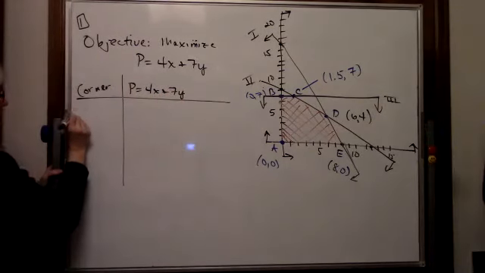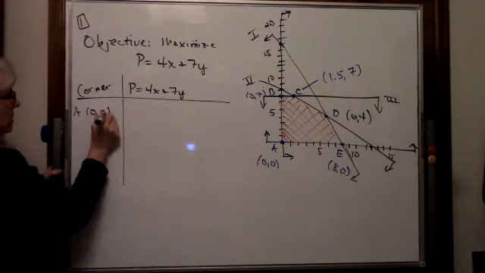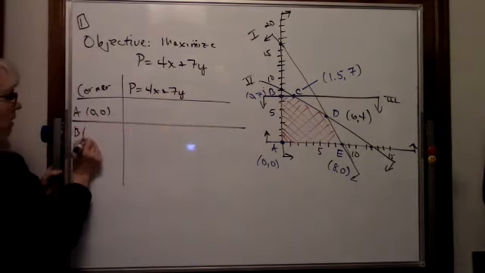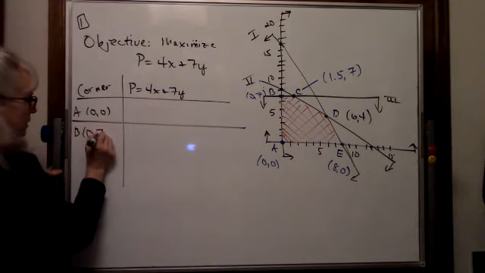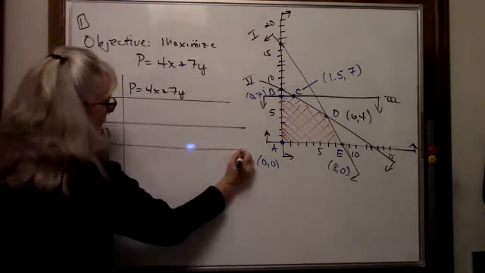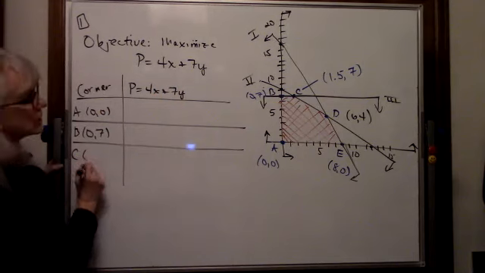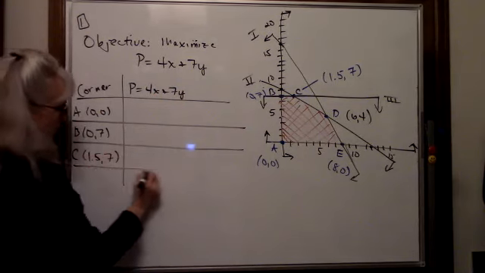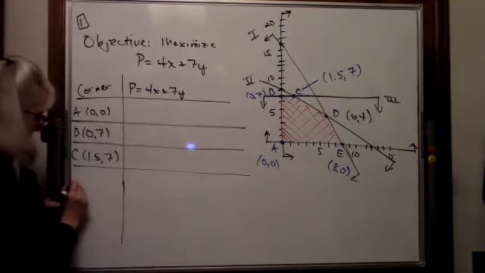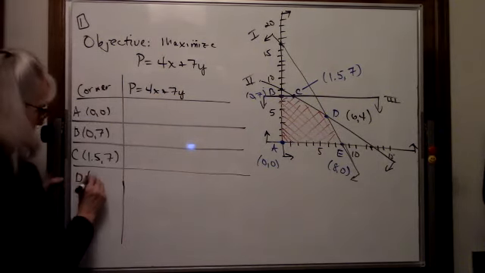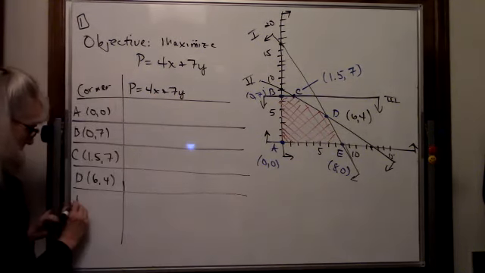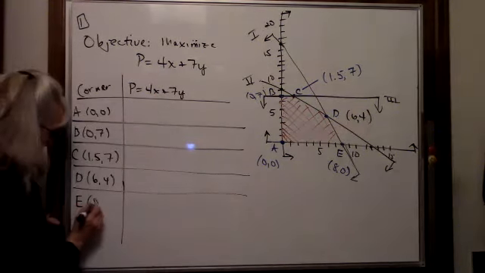Okay, so A was at the point 0, comma 0. We have B, which is at the point 0, comma 7. We have corner C, which is at 1.5, comma 7. We have D, which we just found at 6, comma 4. And then finally we have E, which is at 8, comma 0.